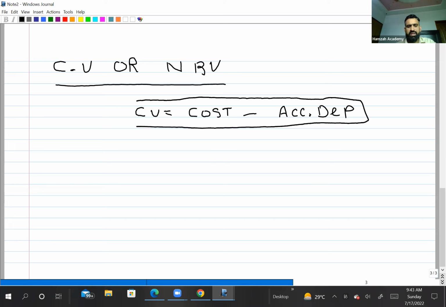If we deduct the accumulated depreciation from the cost of property, plant and equipment, we will arrive at the carrying value of property, plant and equipment.